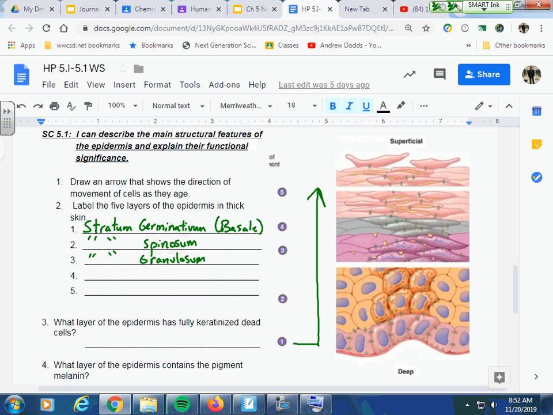And this has 5 layers to the epidermis, which tells me that this is thick skin. Okay, so in thick skin, we have this special layer called the stratum lucidum, and that would be absent if it wasn't thick skin. Okay, and the outermost layer is called the stratum corneum.